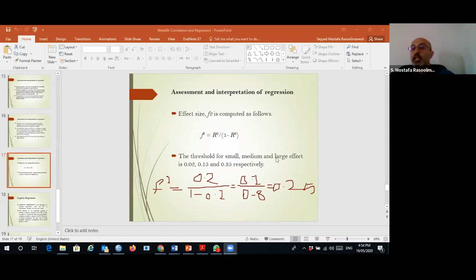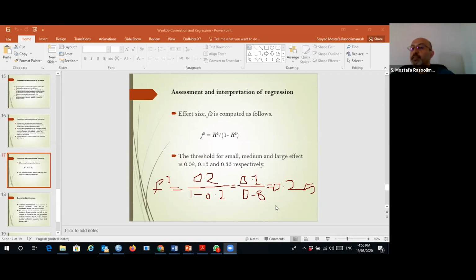For this F square, the threshold is 0.02. Lower than 0.02 is not acceptable. Between 0.02 and 0.15 is small, 0.15 to 0.35 is medium or moderate, and higher than 0.35 is large. So here, 0.25 is a moderate effect size.